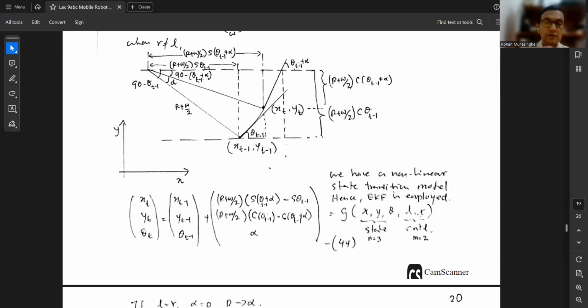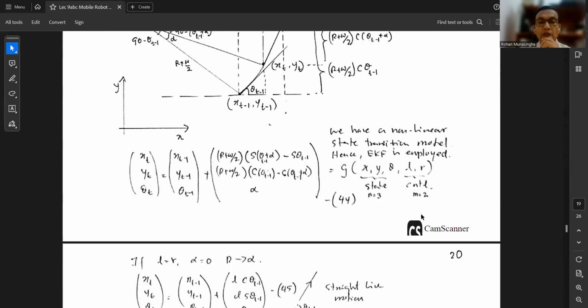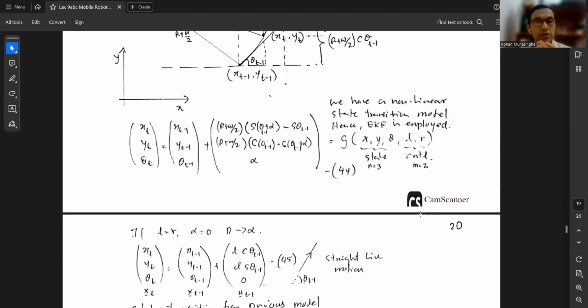All right. Now, this equation is nonlinear. This is not a linear equation. So therefore, some of the things we discussed earlier with regard to the Kalman filter are not applicable here. The standard Kalman filter is based on linear systems.